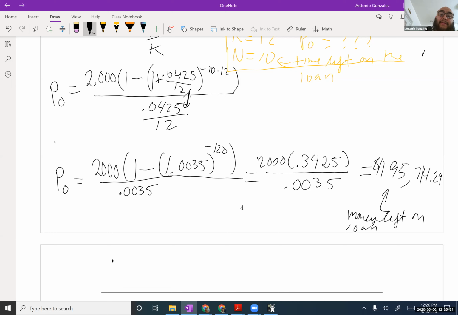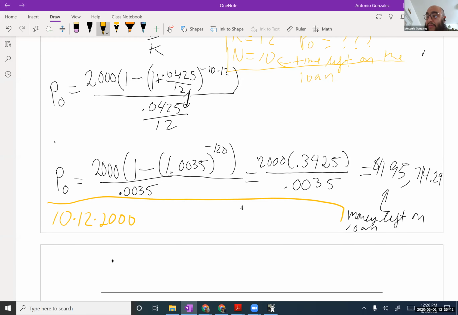Okay, now again, to highlight, when you do these problems, avoid the urge to just simply say, all right, there's 10 years left, 12 months for those 10 years, and $2,000 for the monthly payment.